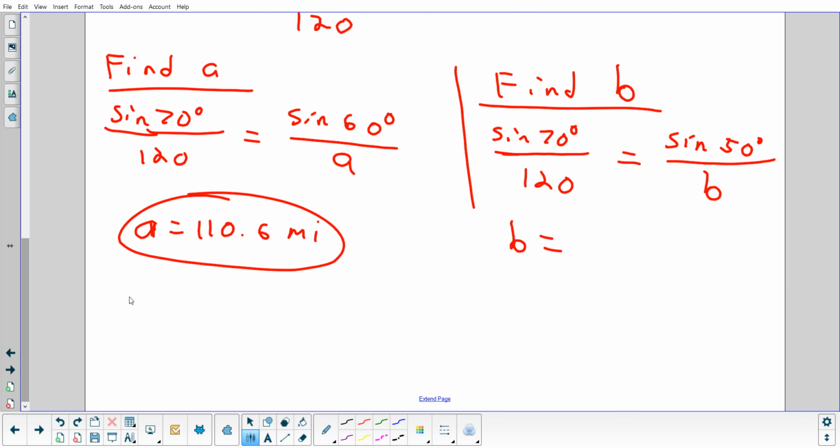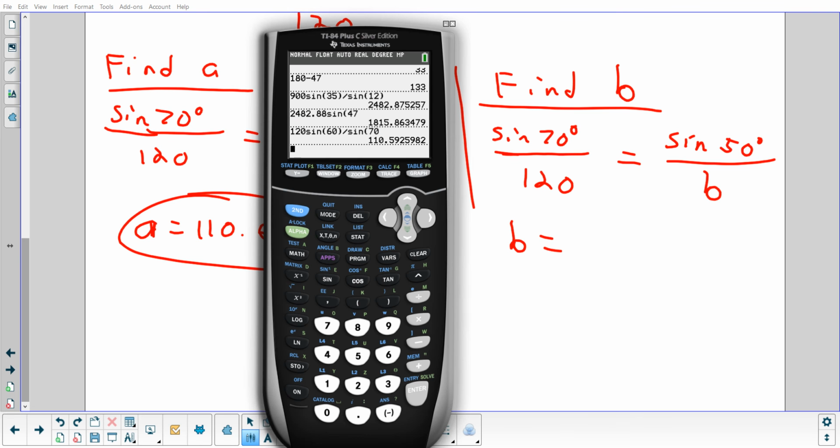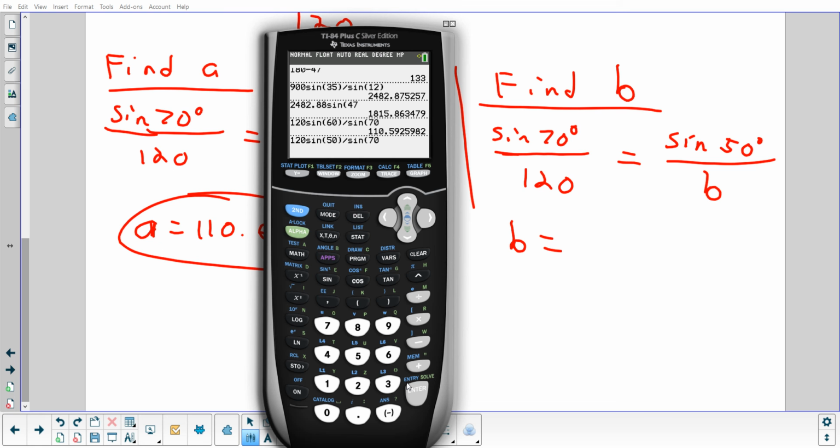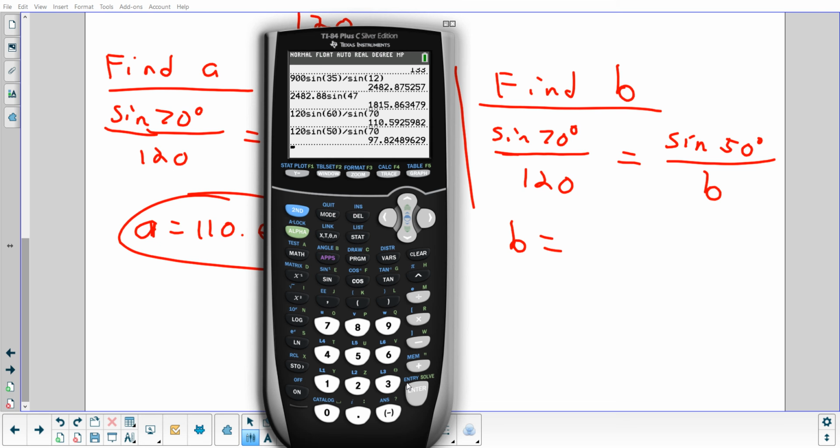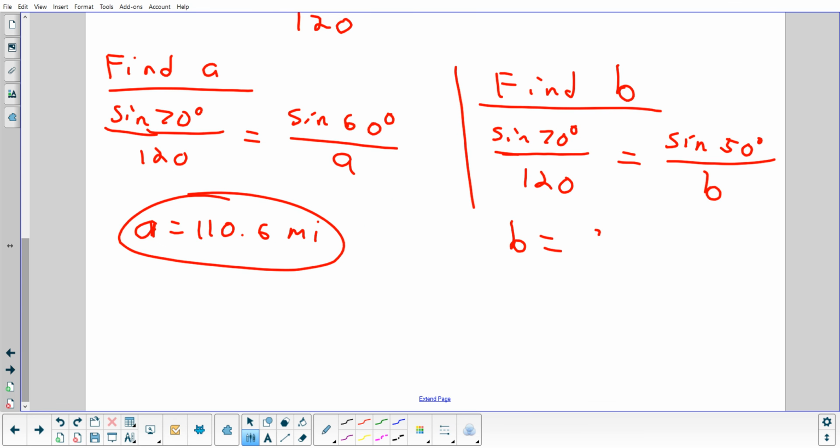Let's look at B. So B is 120 sine 50, and now you're going to divide by sine 70. That's 97.8, so they're a little closer.